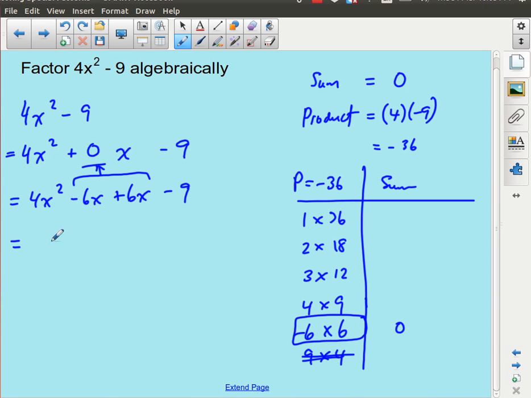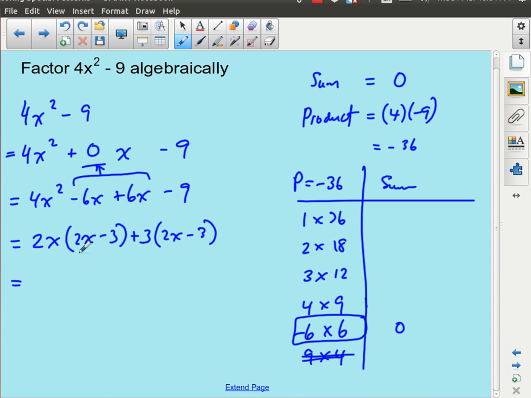For the 2 and the 4 and the 6, I have a common factor of 2. X squared and x, I take out a common factor of x. What's left behind is going to be a 2x minus 3. I bring down the plus sign. Between 6 and 9, common factor is 3. And what's left behind is 2x minus 3.